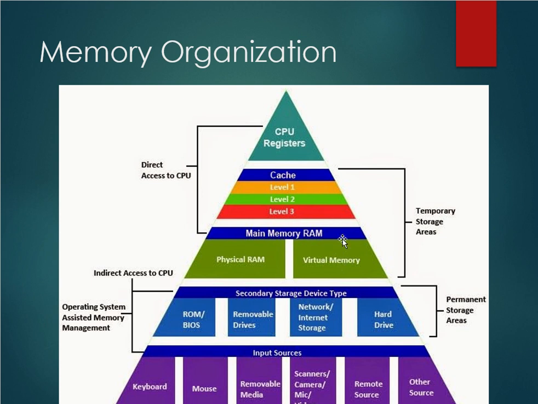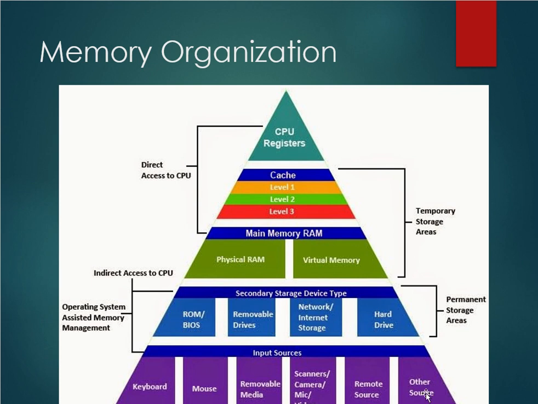And then you can find the main memory or RAM. In a computer you have physical RAM, which we build using RAM modules. Okay. Also it uses virtual memory, which is part of our hard disk or the secondary storage. Then secondary storage, there are separate chips and removable devices like pen drives and network or internet storages and hard drive.